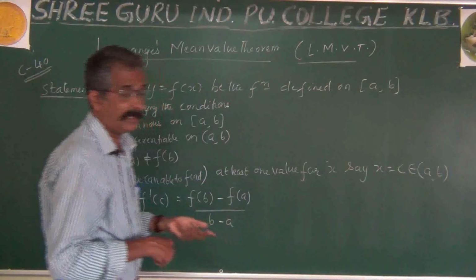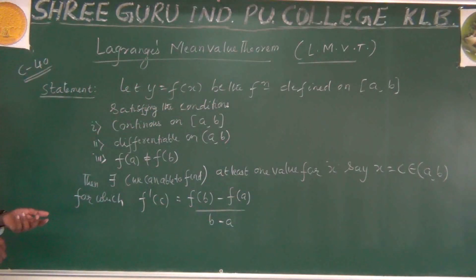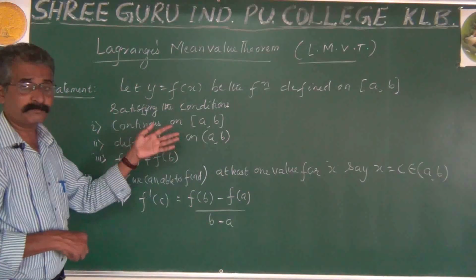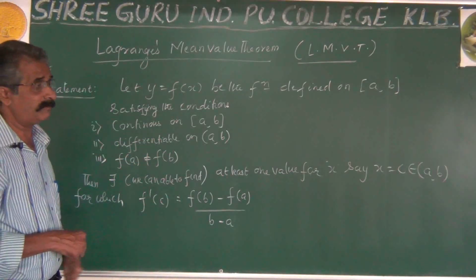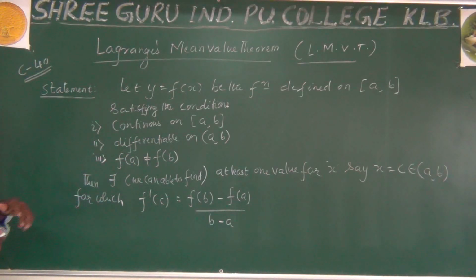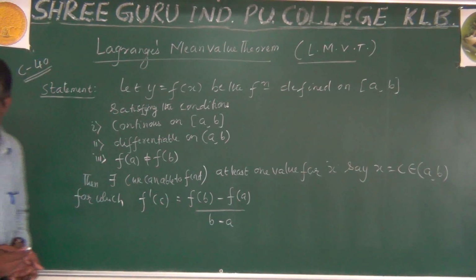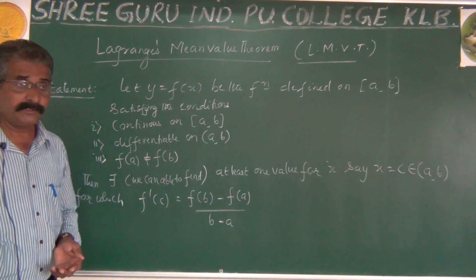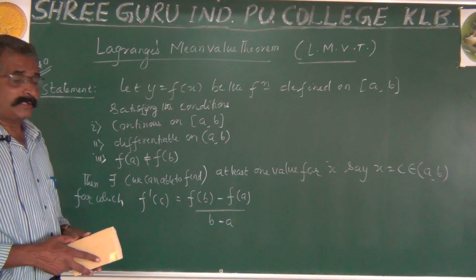There can be as many values of c as satisfy Lagrange's mean value theorem. This is analytical. Let's study geometrically how Lagrange's theorem can be discussed.